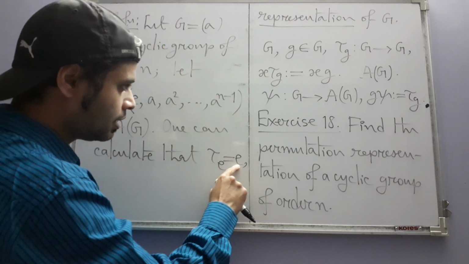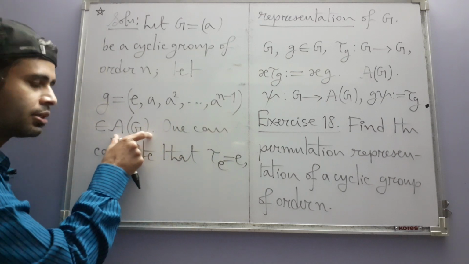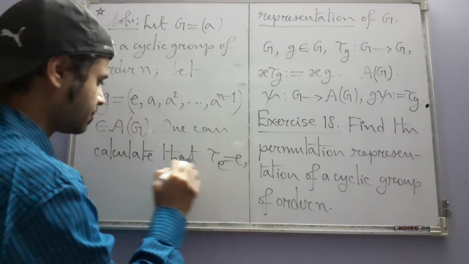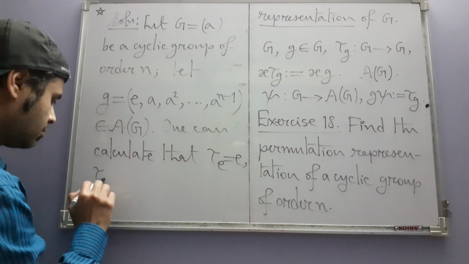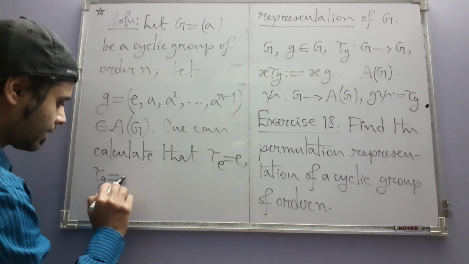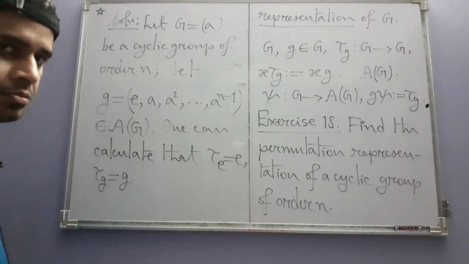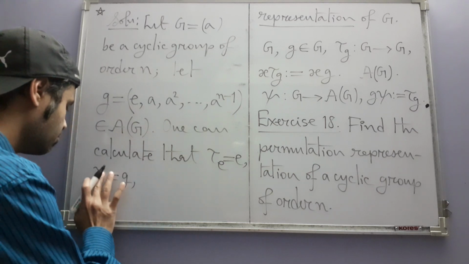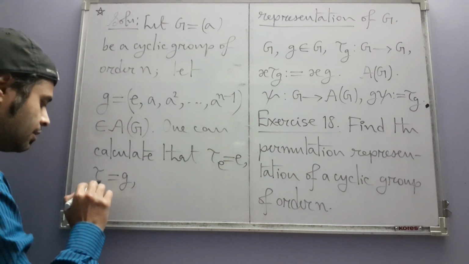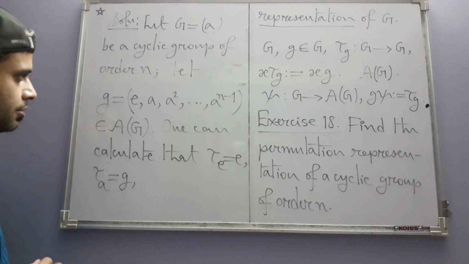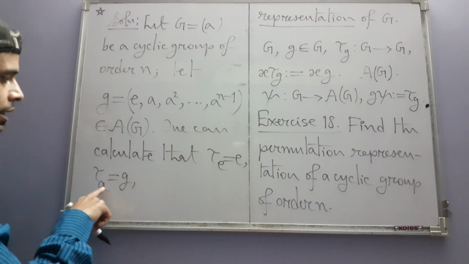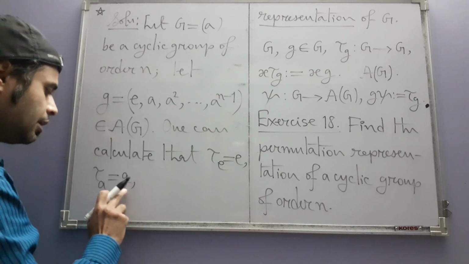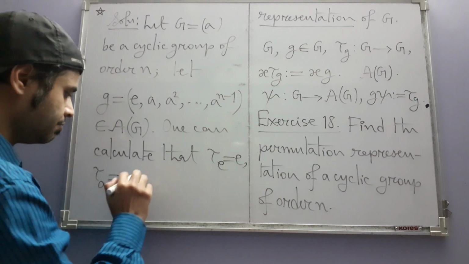And this identity element is the identity permutation in A of G. Then tau of a is g, because here we need the elements of G. Tau of a turns out to be equal to g.